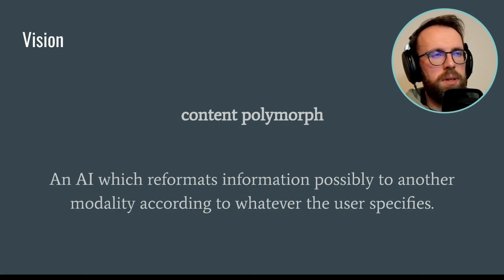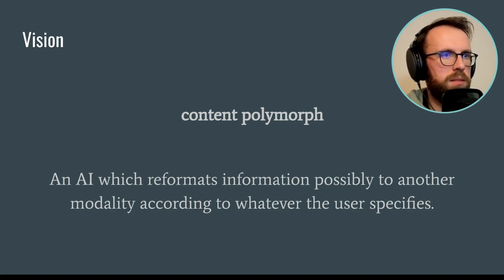And on top, or second, it's content polymorph. So it sounds very technical, but the idea or the vision of the team building it is to consume content in a different form than it was published.